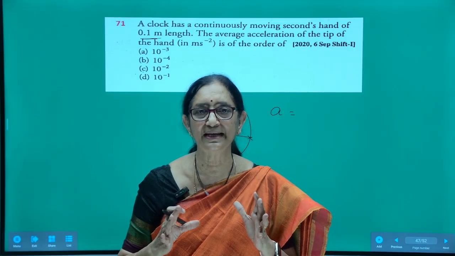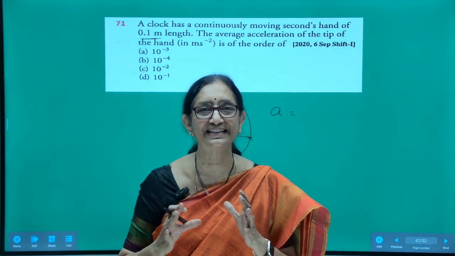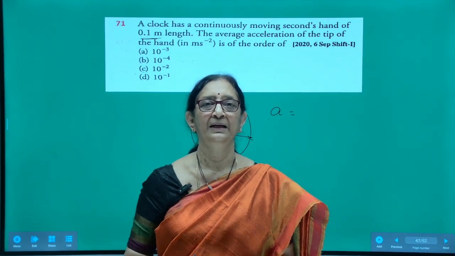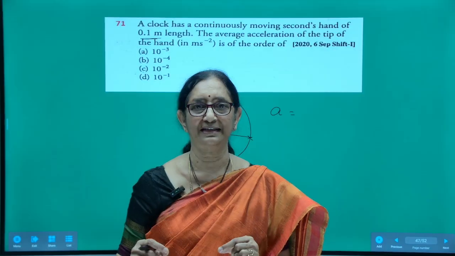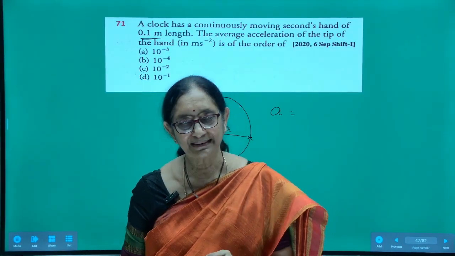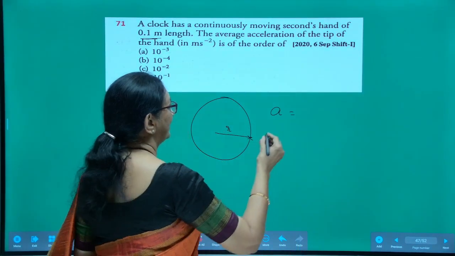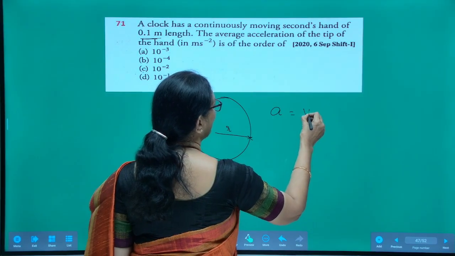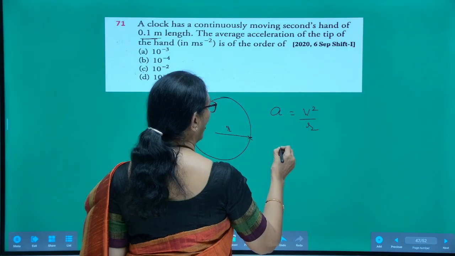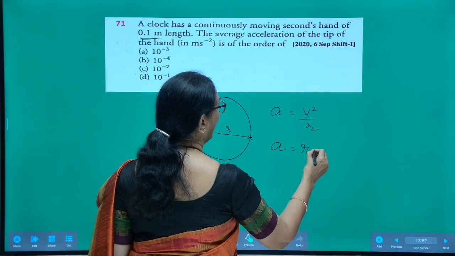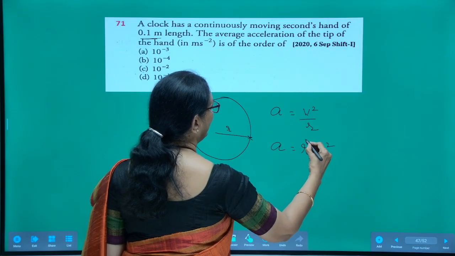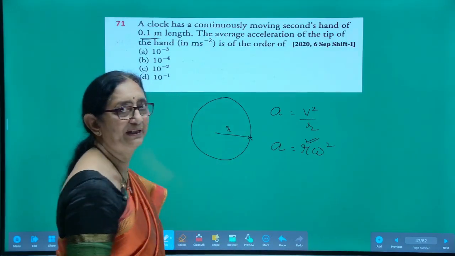So in case of a body moving with constant speed in a circular path, its average acceleration is nothing but the centripetal acceleration, that is v square by r, or a is equal to r omega square. Here r is given straight away.